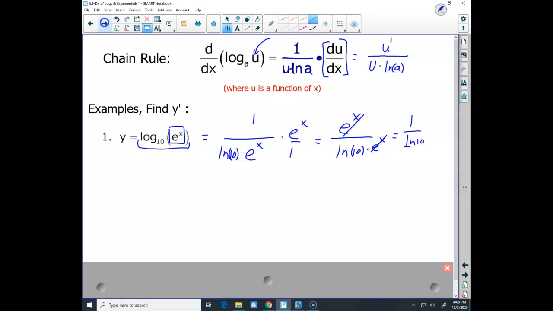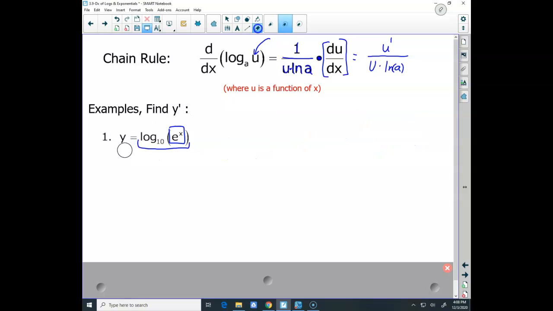Why? Well, because I can change that base really easy. It's just an exponential function, okay? It's not the way I would do it. Why'd you do it that way? Because I'm trying to follow the formula that a lot of people like to memorize. But if it were me, guys, I would always take this non-natural log and redefine it as the ln of the argument over the ln of the base.